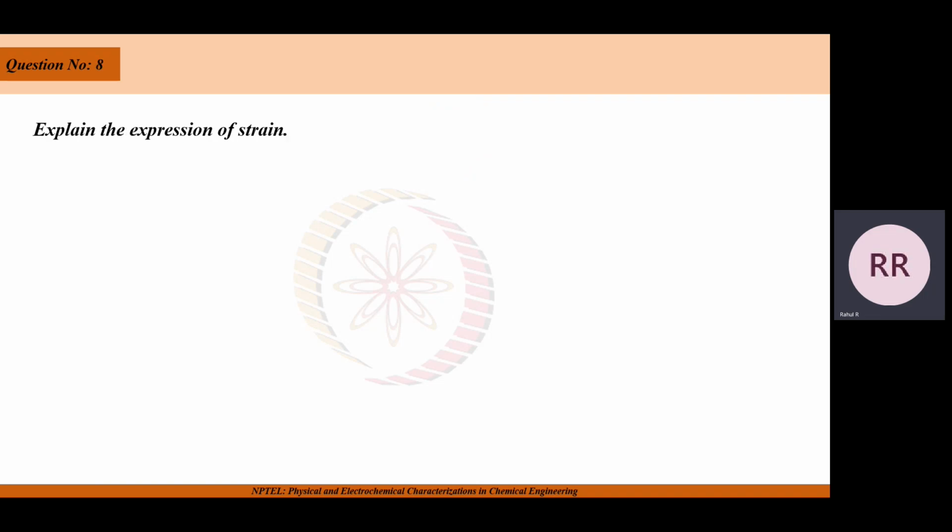The next question is, explain the expression of strain. This is the strain used by rheometers, so think on that scale. The question is to explain the expression of strain, which is generally used in a rheometer. Think about this for a while, then I'll discuss that. I'll read the question once again: explain the expression for strain.